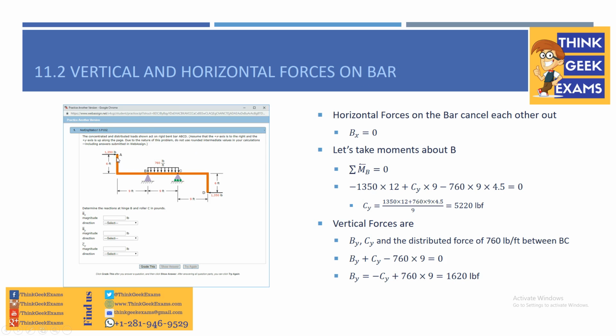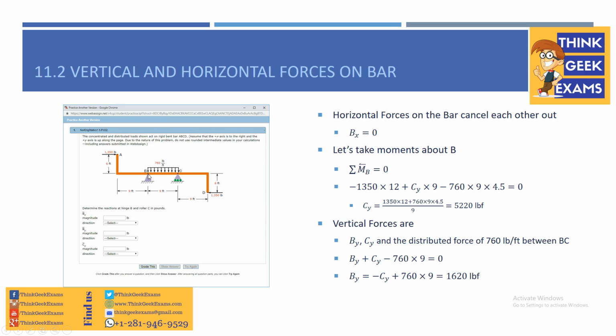So the positive force plus the negative force plus Bx added together should be equal to 0, and since the positive force is 1350 and the negative force is 1350, they cancel out, so Bx is going to be 0. So that's what we have here. Next, we take the moments about B. So we're going to take moments about this point over here.